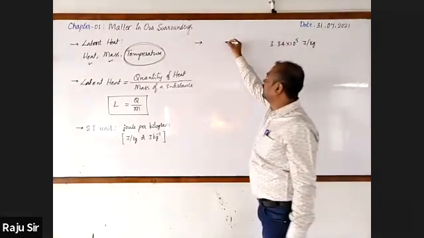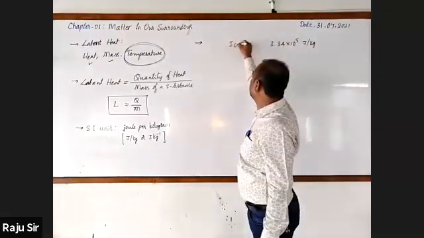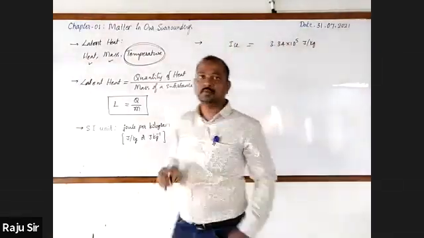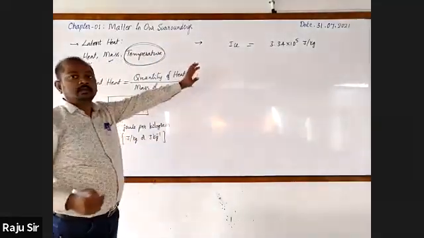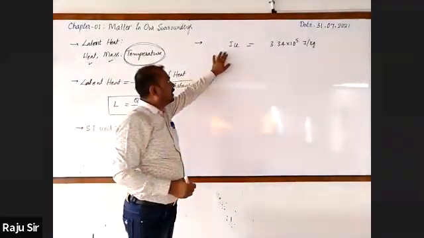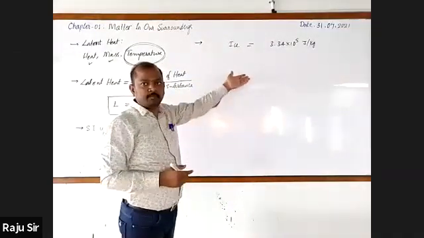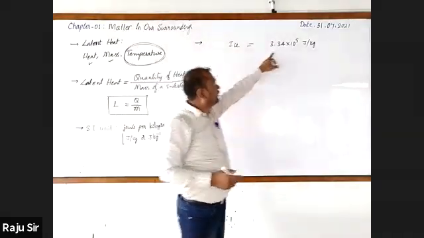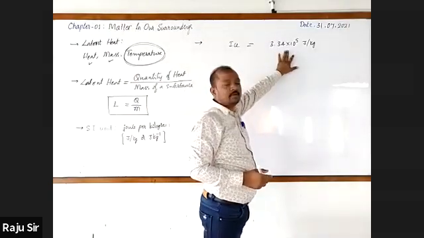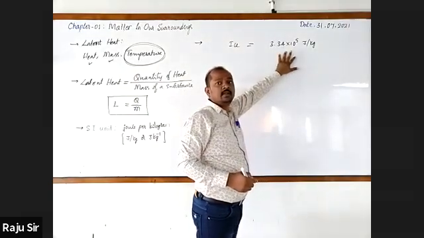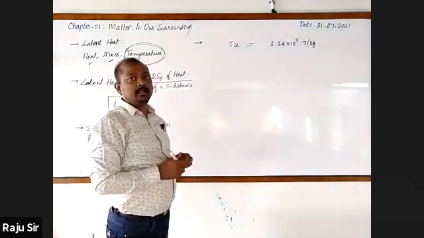This is the latent heat of ice. Don't copy, just observe. It means that to convert ice into water, or to bring it to liquid form completely, we need this much amount of heat energy. And we can write the meaning like this.